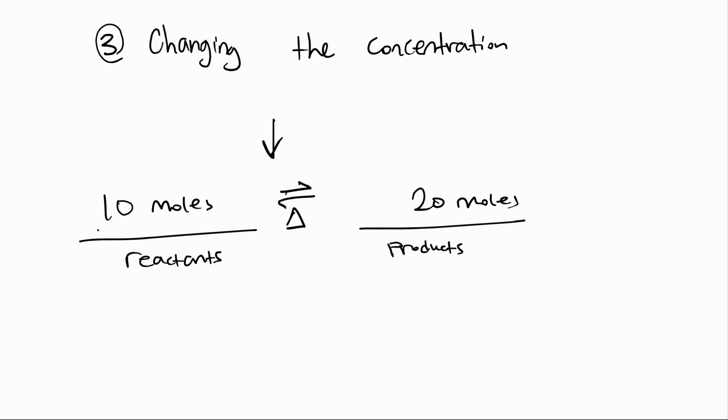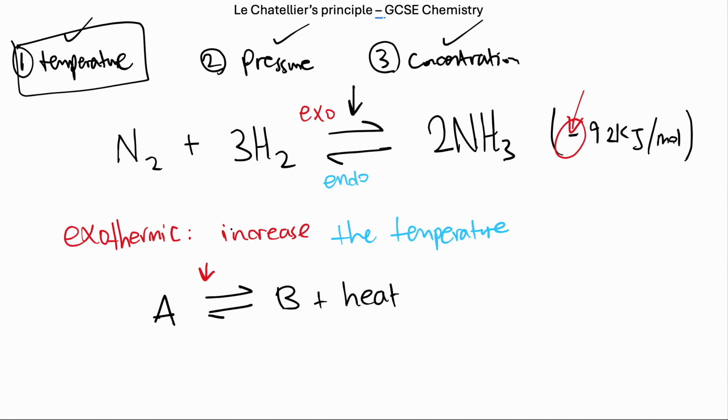If this time your reactants had 20 moles and here you have 10 moles, equilibrium will shift towards the right, the side with fewer things, to even out the weight again. Just think of it as a scale. If you add, it'll go towards the side with fewer so that you can even out the weight. If you take away moles, it'll go towards the side with, again, less things to even out the weight. That's pretty much all you have to know about Le Chatelier's principle.